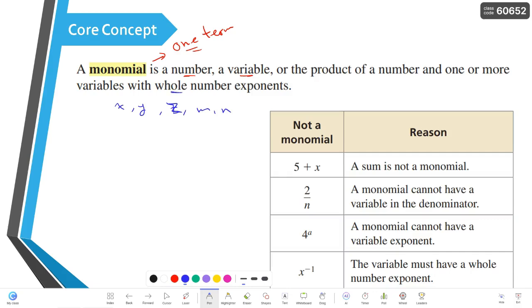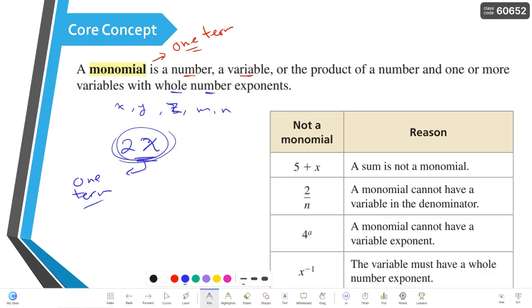So this is one of the restrictions we need to be aware of: any variable should have an exponent that is a whole number. One more thing is your term could be a product of a number and one variable. If I say 2x here, we consider this as one term, since we don't have anything separating them. So 2 times x is one term. And as I mentioned before, your variable should have an exponent that is a whole number.